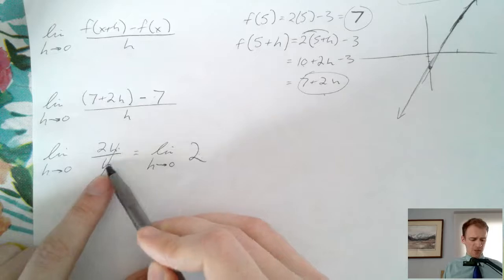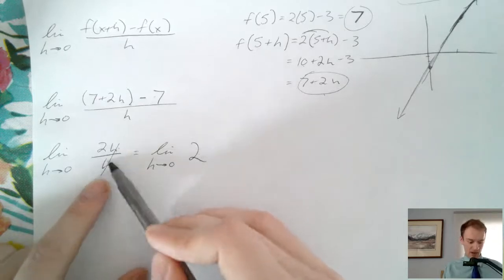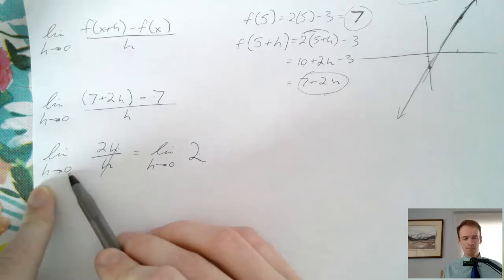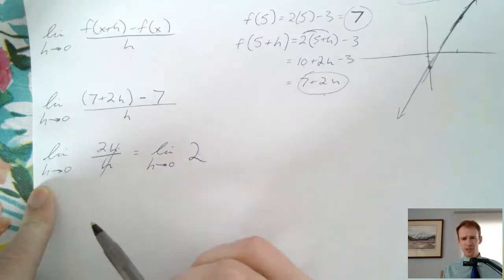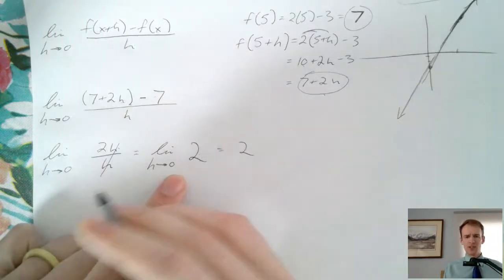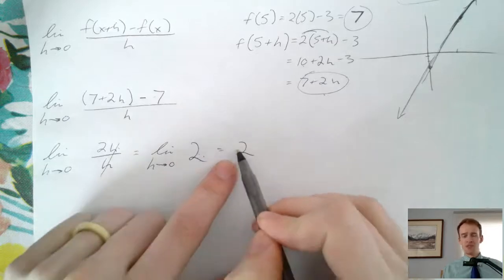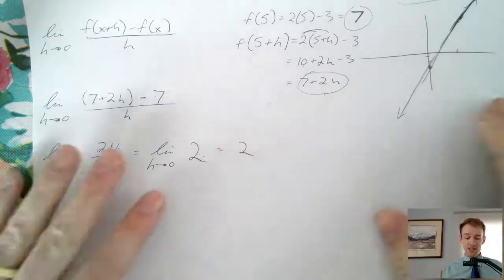Over here, h was approaching 0, but we had to do some trickery to try and get h out of there so that this whole limit notation wasn't affecting our expression anymore. Okay, so here we just end up with 2. Doesn't matter what the limit is doing, it's a constant value, so that result is 2. Okay, and that's exactly what we expected, right?